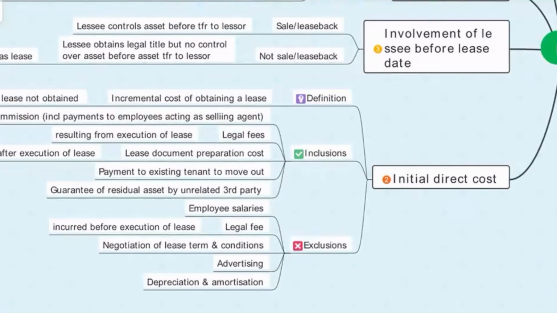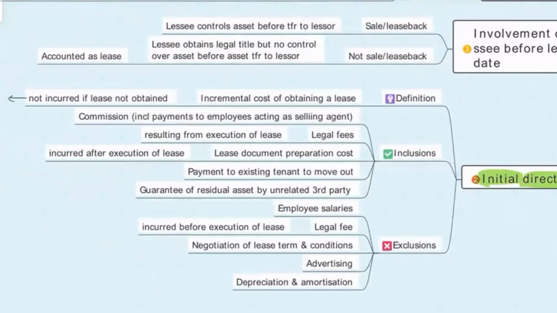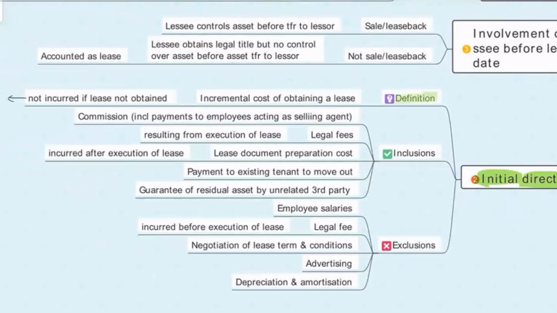Now we are going to understand something known as initial direct cost. So what is initial direct cost? The definition of initial direct cost is any incremental cost of obtaining a lease. If such a cost was not incurred, you could not have obtained the lease.